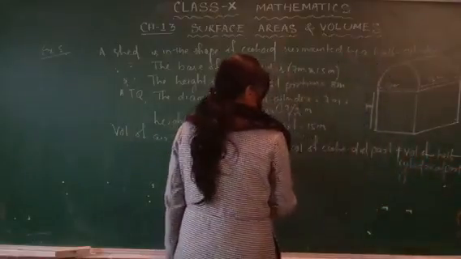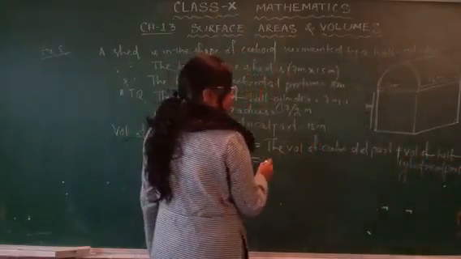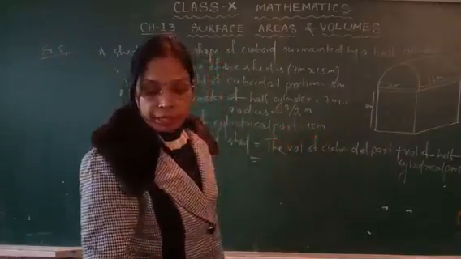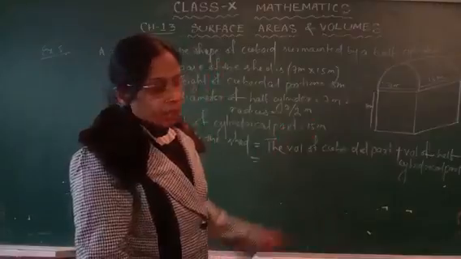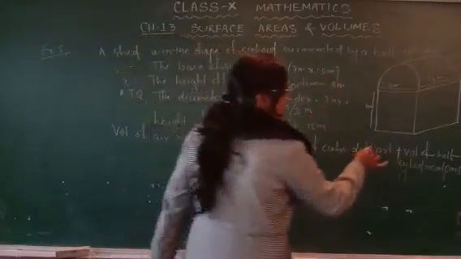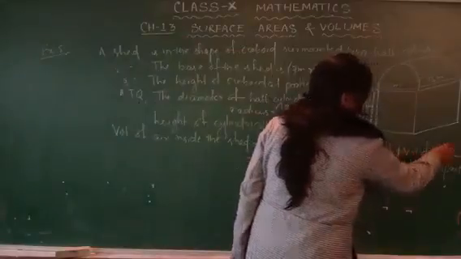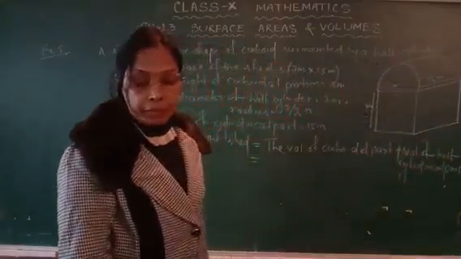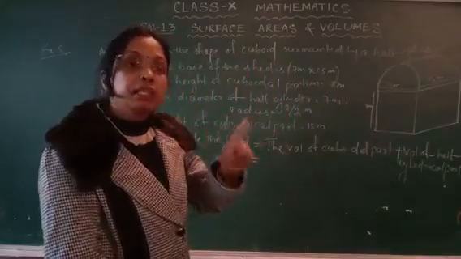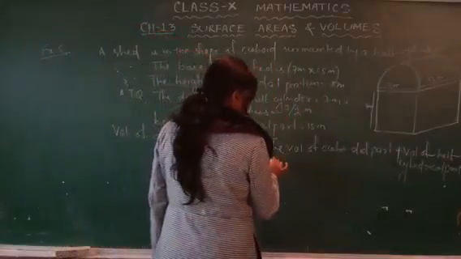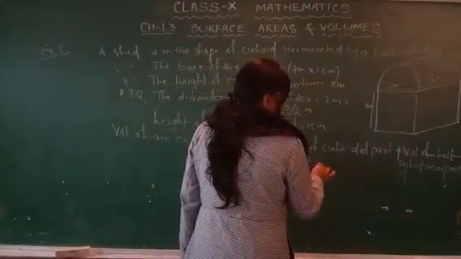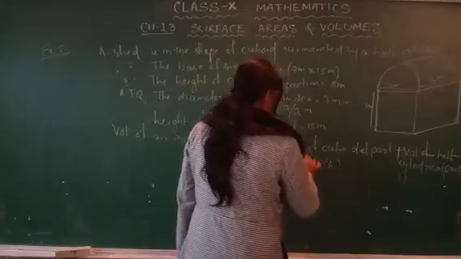The volume of the cuboidal part is length into breadth into height. And here it is half, because it is a half cylinder, so we write half of the volume of the cylindrical part, pi r square h. So it is length into breadth into height plus half into pi r square h.